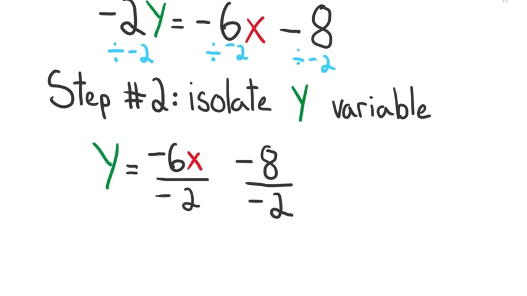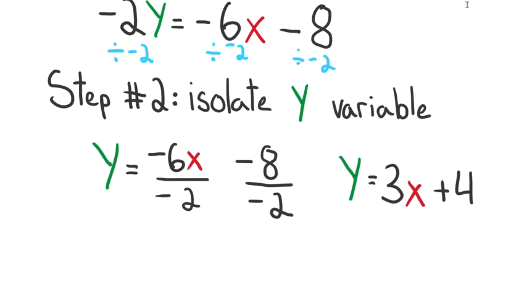So let us simplify that. That would mean we have y equal to, well, negative divided by negative is always a positive, so -6 divided by -2 will give us 3x. And a -8 divided by a -2 should give us +4.